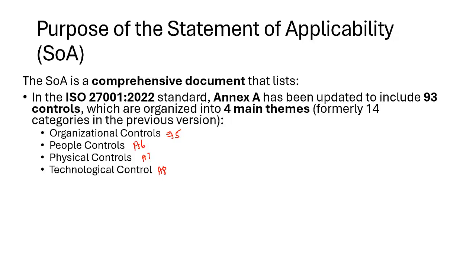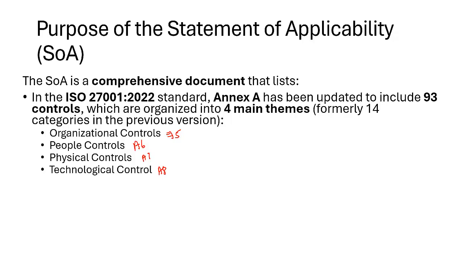So organizations typically implement 90% or more of the controls and declare the others as not applicable if they are not relevant to their context. The purpose of Annex A is that it serves as a reference list of potential security controls, and it also helps the organization ensure they have not overlooked important security measures, and it provides the flexibility for the organization to choose controls relevant to their specific risk and business context.